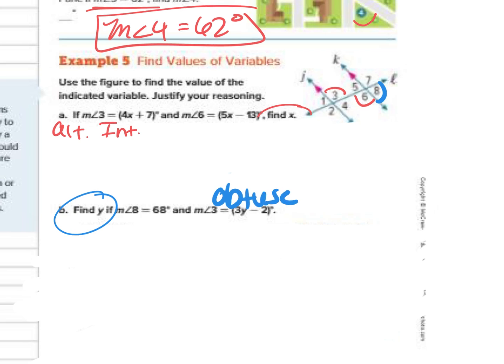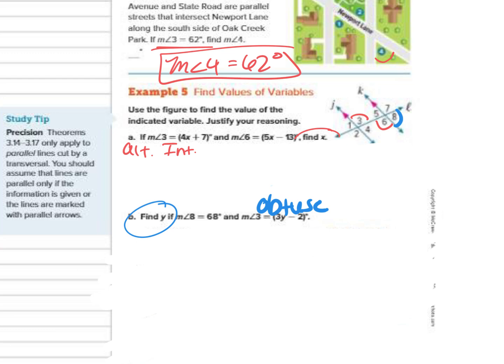Angle 8, however, is acute, and we know that for a fact because 68 degrees is less than 90. So I have one of each, an acute angle and an obtuse angle. For that reason, remember, when I have one of each, they're going to be supplementary.